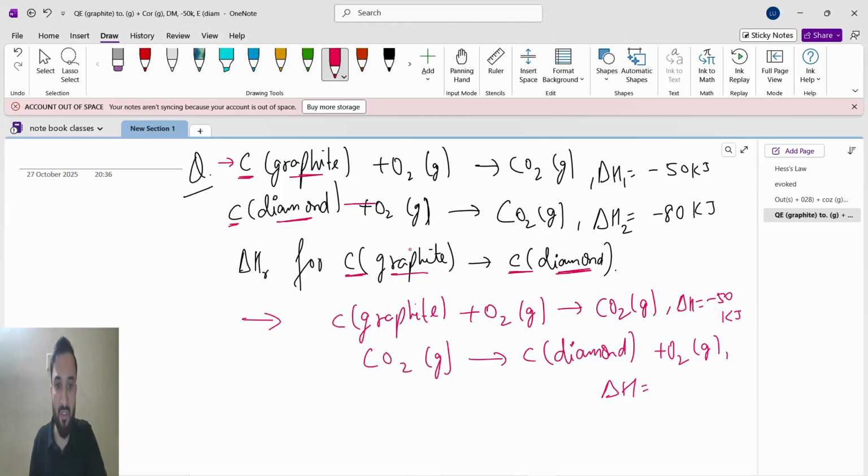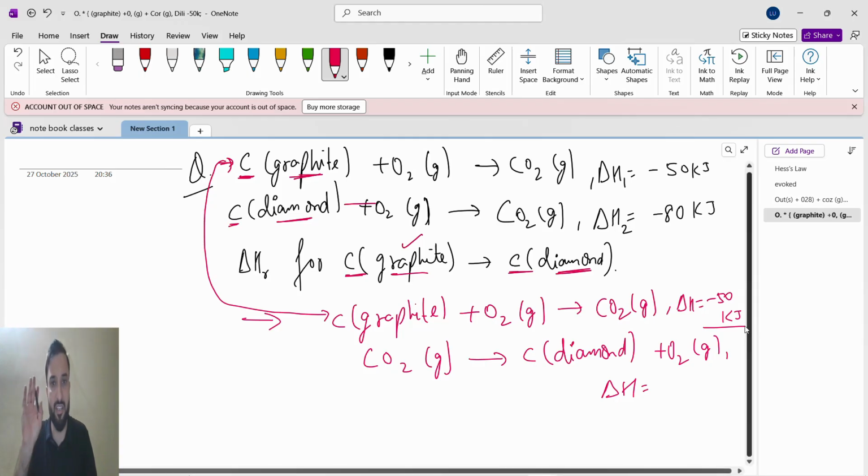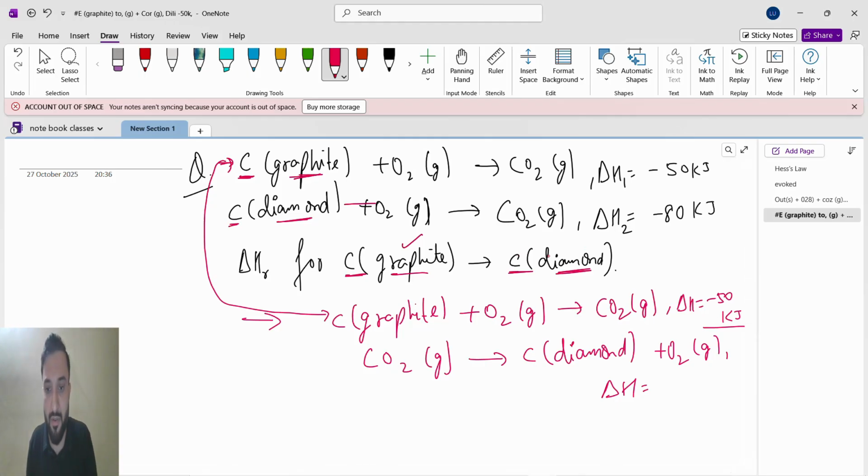Yes. See here, we want the carbon in the graphite form on the reactant side. So we see the first reaction. Here carbon in the graphite form is present on the reactant side. The first reaction we write as it is without any change, so the value will remain the same. Now in the second, carbon in the diamond form should be present on the product side.